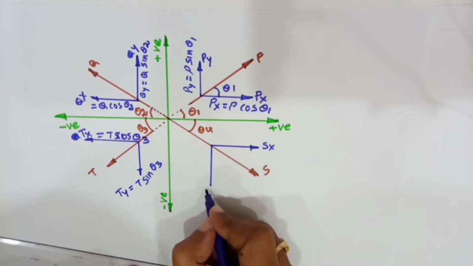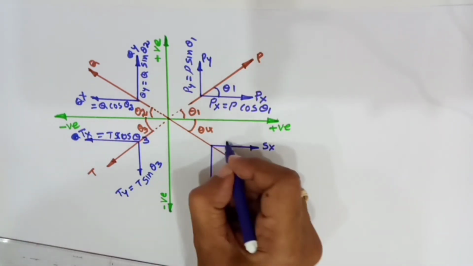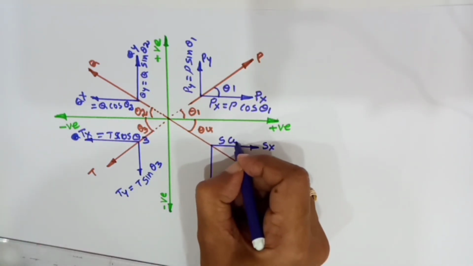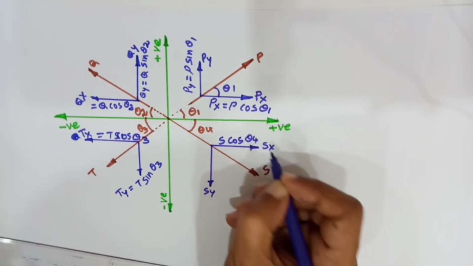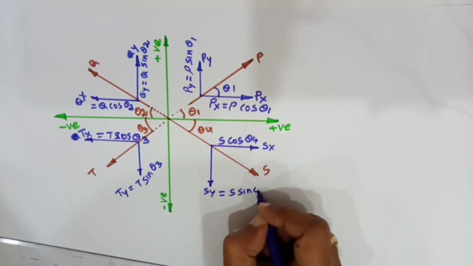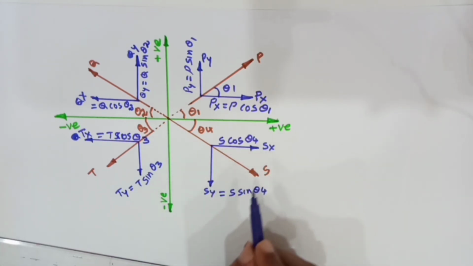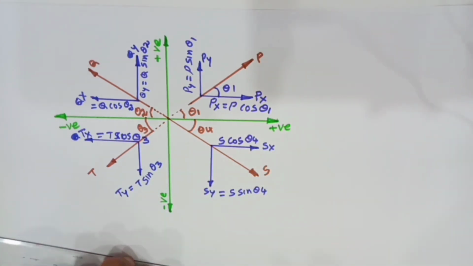For S, say Sx, Sy. Sx is equal to S cos theta 4, Sy is equal to S sin theta 4. Here in this quadrant, the horizontal component is positive and the vertical component is negative. So like this, we resolve different forces which are placed in a single plane. These forces are called coplanar concurrent forces.